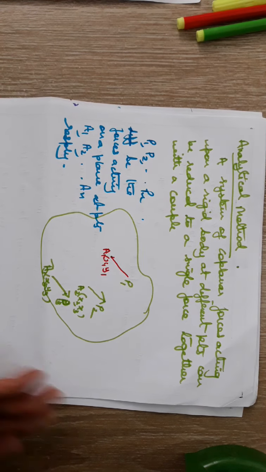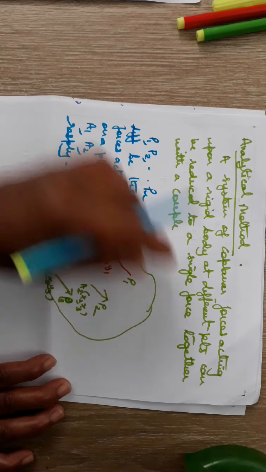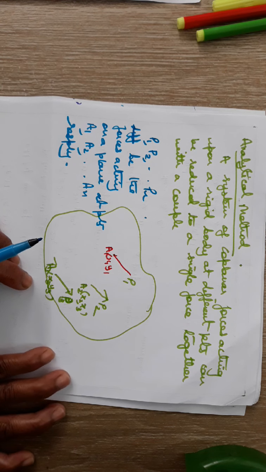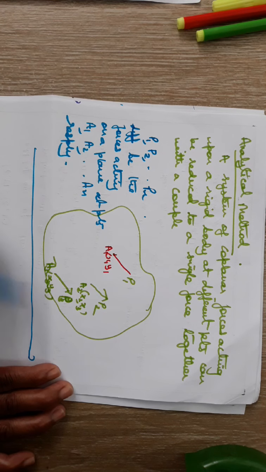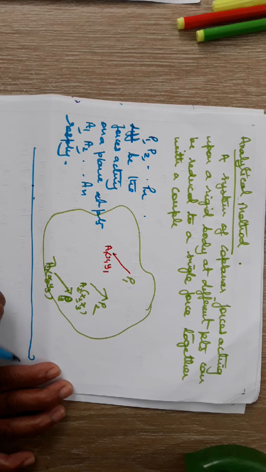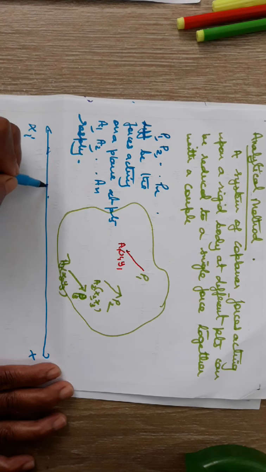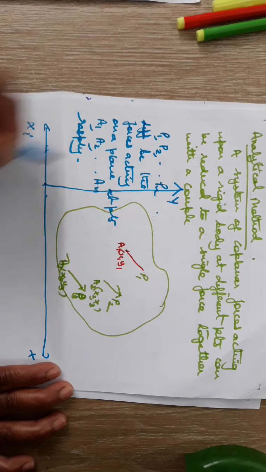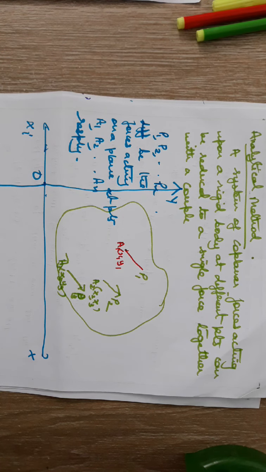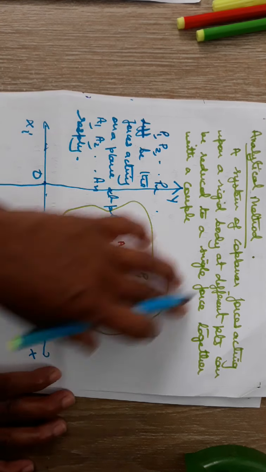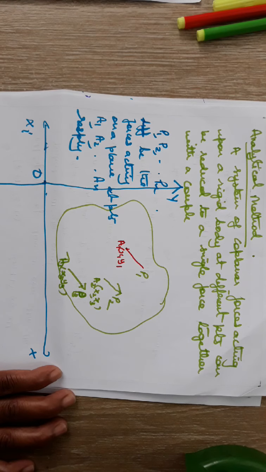For this rigid body, we take the lines XOX' and YOY', with O the origin, two lines perpendicular to each other in the plane of these forces.